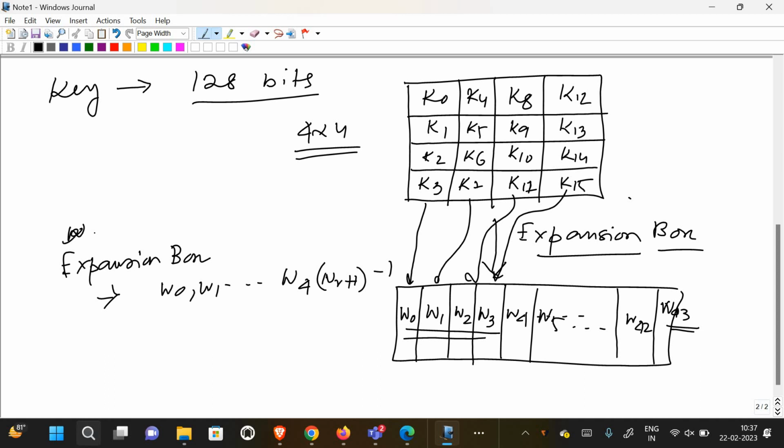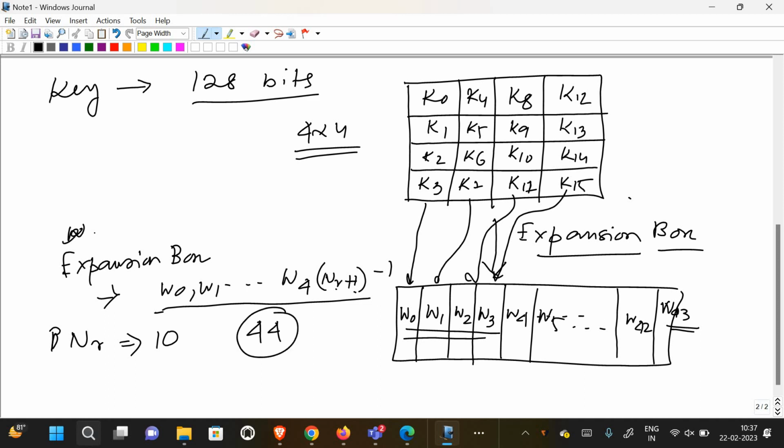This is one of the factors that we consider. Please make a note that in the case of 10 rounds, it will be 10 plus 1, 11, multiplied by 4, 44. That's why there are 44 keys here. So suppose my total number of rounds NR is equal to 10, then the number of expanded keys will be 44.